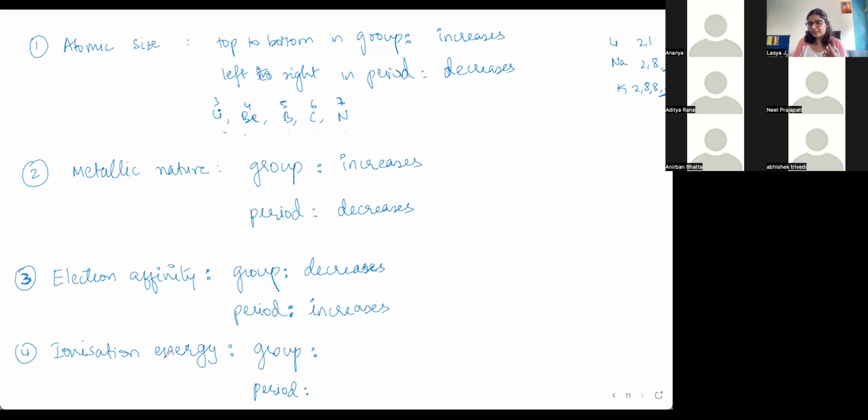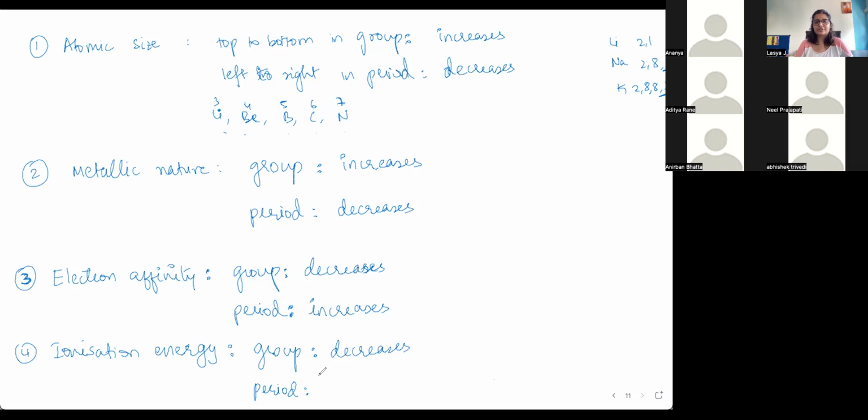So the energy you need to spend to remove that electron will increase or decrease? It will decrease. And across a period, what will happen?